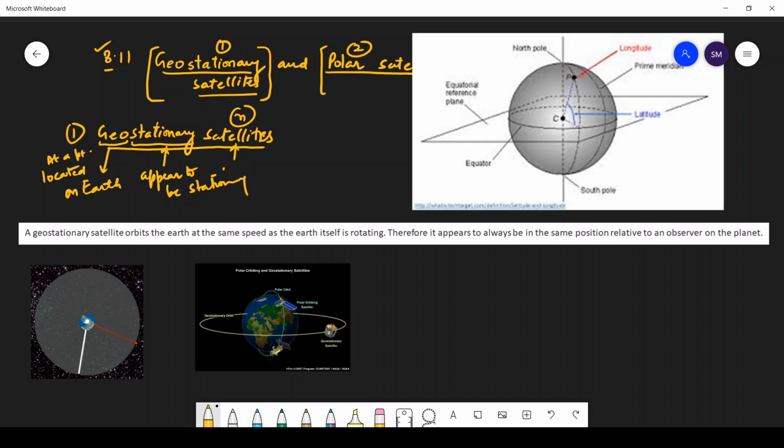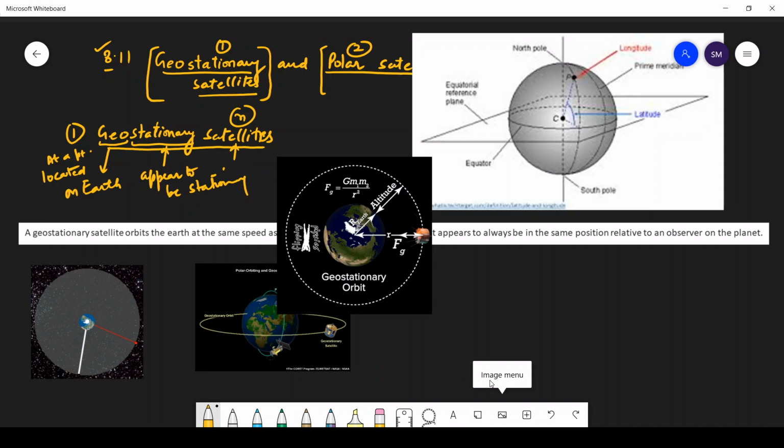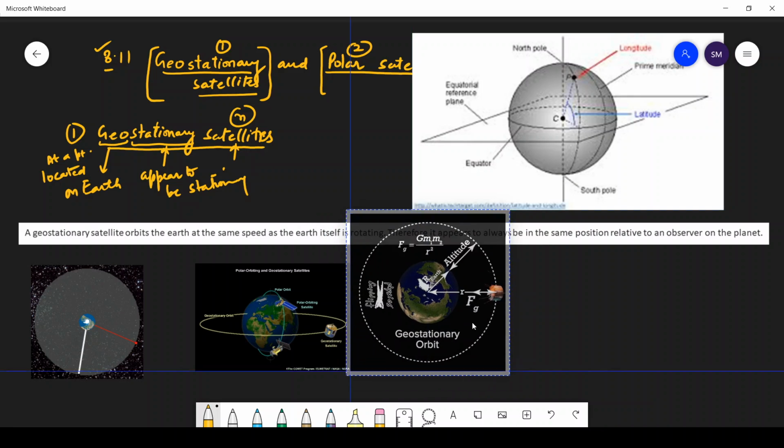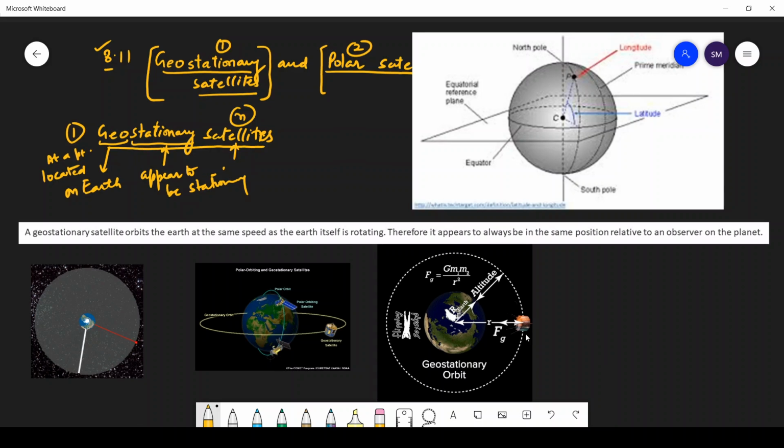Yes, sir. Now see, you have another image of geostationary satellite. You can see that the geostationary satellite is attracted by the earth's gravitational pull. This Fg is the gravitational pull of the earth on the satellite.